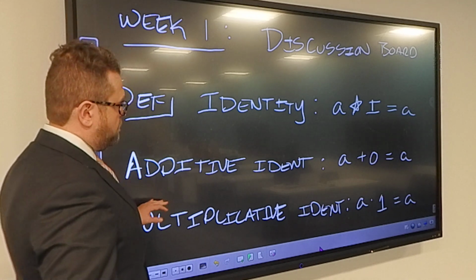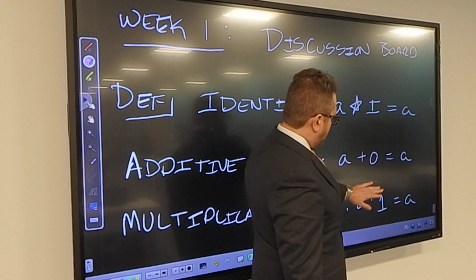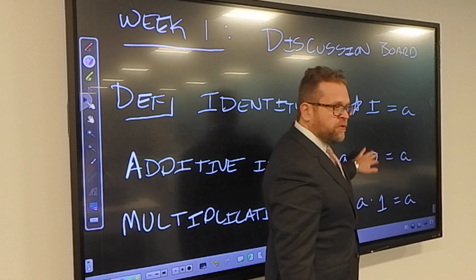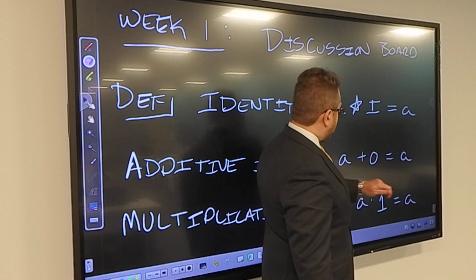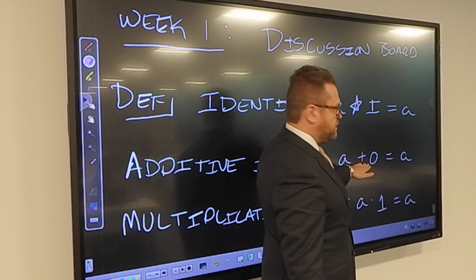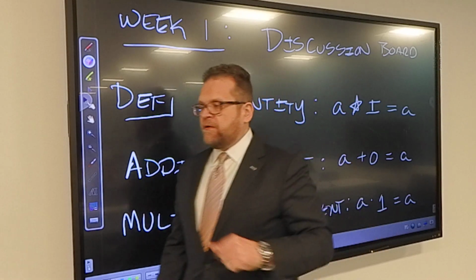These are the two operations in algebra: there's addition and there's multiplication, and there's no other operations. That's it. Subtraction is built out of addition. Division is built out of multiplication.